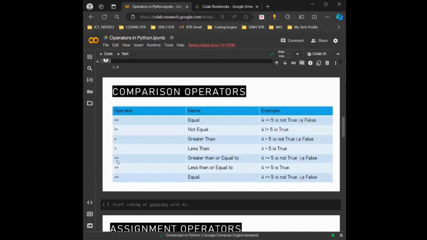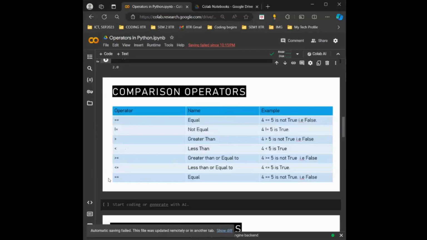If greater than and equal to are used together, it means if it is either greater or equal, then it's true. Otherwise, it's false. So in the example, if 4 is either greater than 5 or 4 is equal to 5, then it's true. If this is not the case, then it's false.